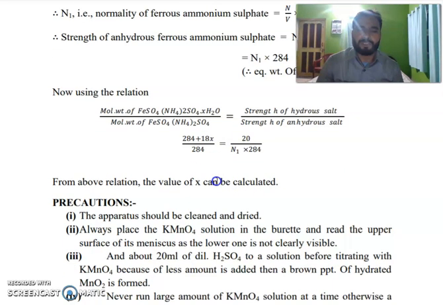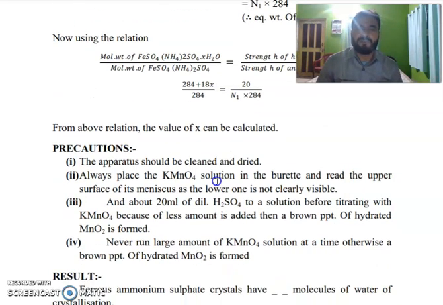Now the precautions. You have to follow all rules and regulations of the experiment, and you have to take the following precautions. First precaution, the apparatus should be cleaned and dried. The second, always place the KMnO4 solution in the burette and read the upper surface of its meniscus, as the lower one is not clearly visible.